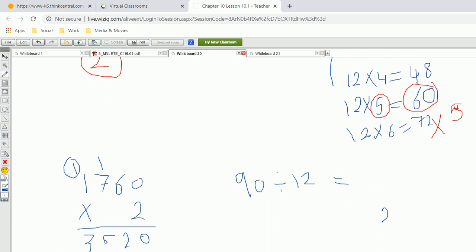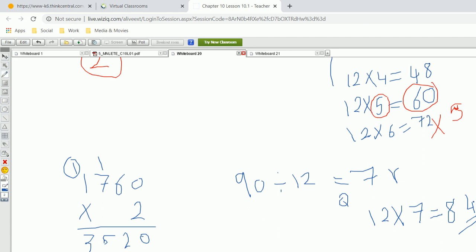So let's continue. 12 multiplied by 7: 2 multiplied by 7 equals 14, 4 and carry 1. 1 multiplied by 7 equals 7 and 1 is 8. Okay, this is the closest number to 90. So we write here 7.